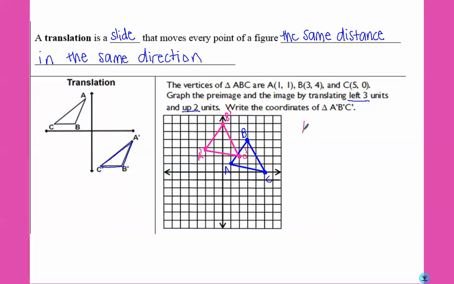So let's write the coordinates. A prime is at -2, 3. B prime is at 0, 6.